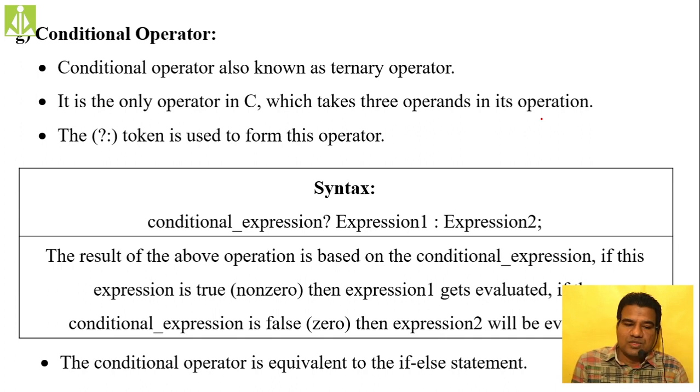The token for the conditional operator is a question mark followed by a colon. This particular operator is a ternary operator, or conditional operator. For the syntax, first you have to put the conditional expression, from here to here.